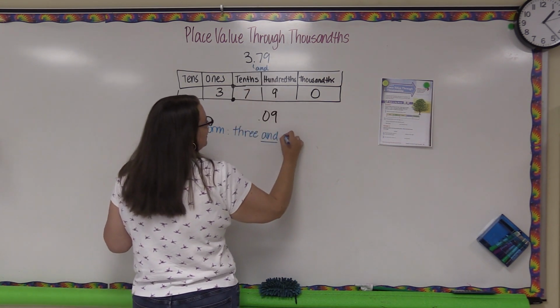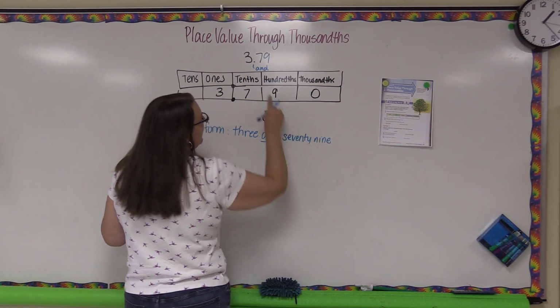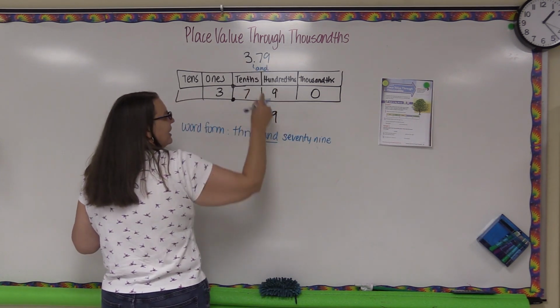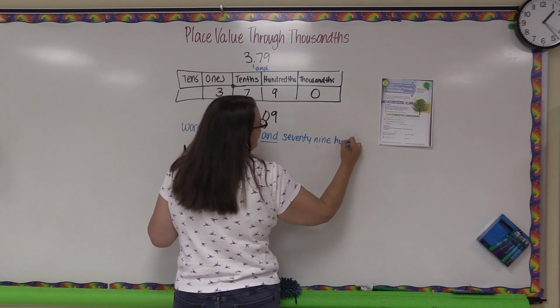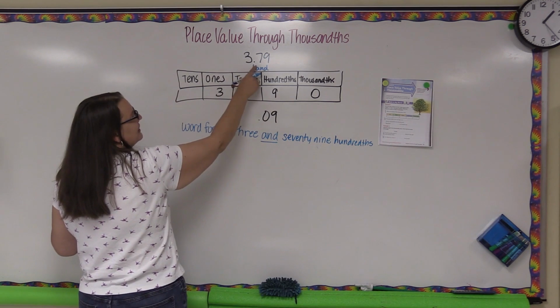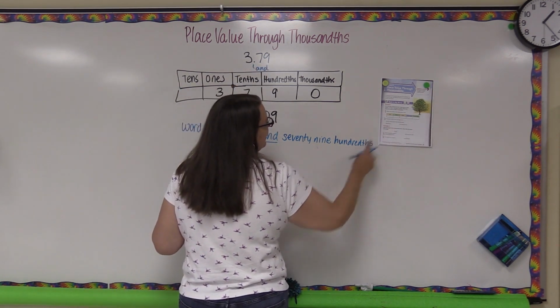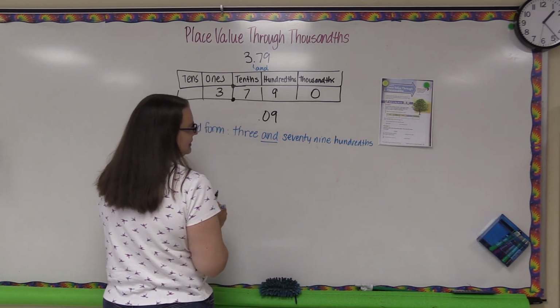We write the number first, 79 hundredths, because it goes to the hundredth spot. Okay, this is 3 and 79 hundredths. It's already got some of that filled in for you, so you're going to fill in the missing blanks.